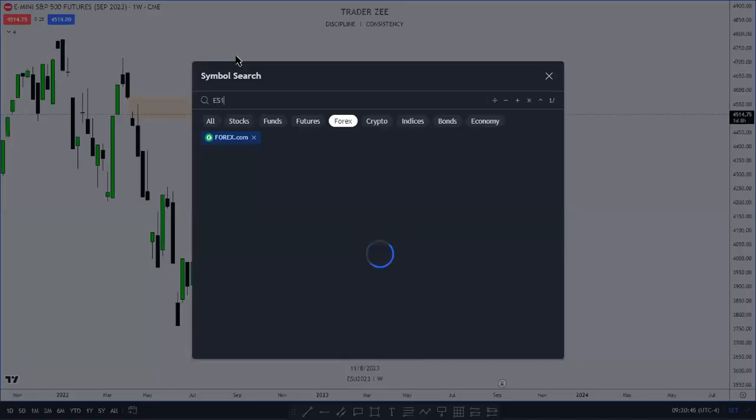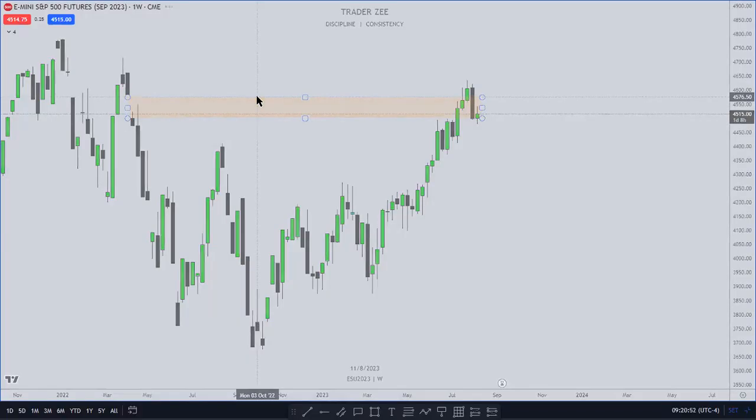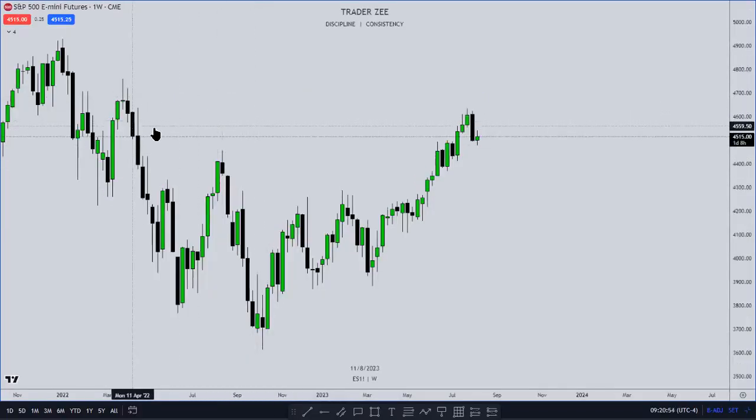I'm just going to take a look at the continuous futures contract one. Okay, there's no volume imbalance here in the continuous contract. That's why we also refer to the current contract, because that volume imbalance is important there.